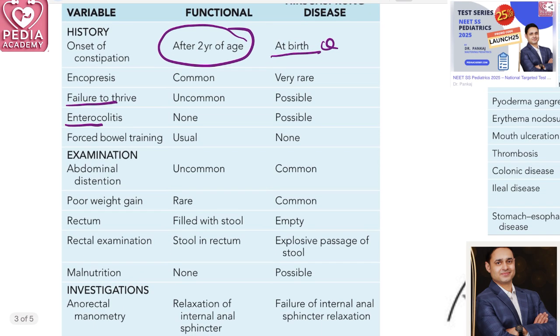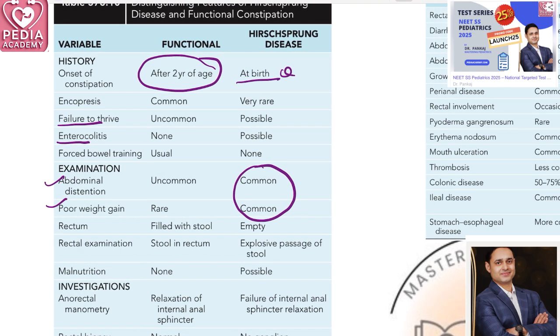Abdominal distension and poor weight gain are seen in Hirschsprung disease. Most important thing in rectal examination: in Hirschsprung disease it is empty, but in functional constipation it is filled with stool. And after removing the finger, explosive passage of stool is seen in Hirschsprung disease. This is a PYQ repeated many times in exams.